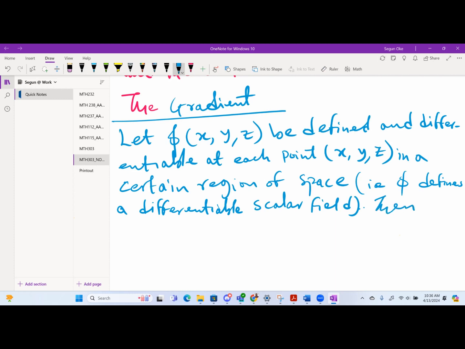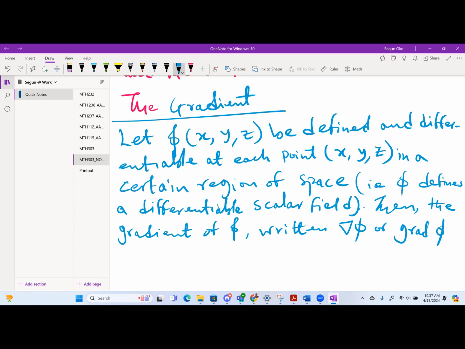Then the gradient of phi, written as this, or we call it grad phi. So when you see grad phi, they are talking about gradient.